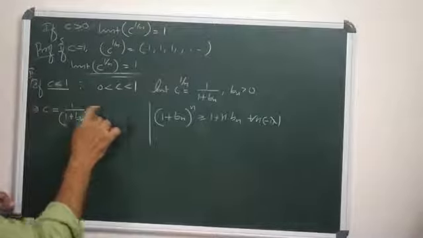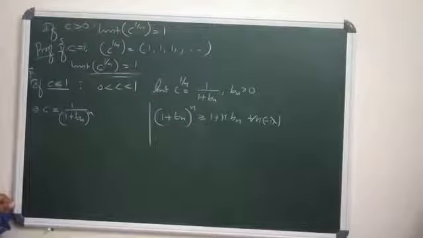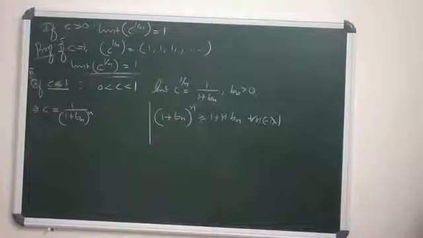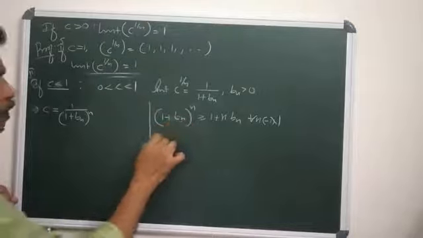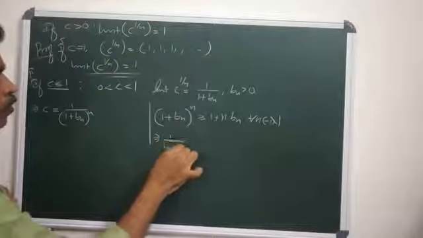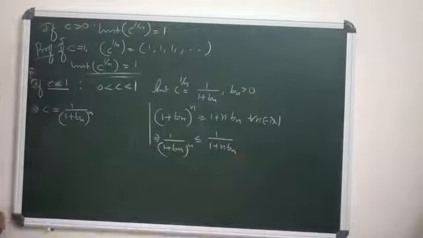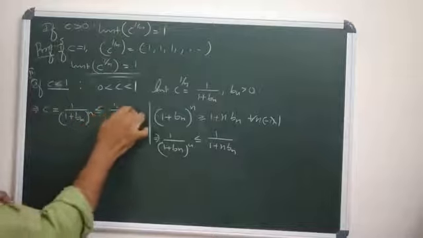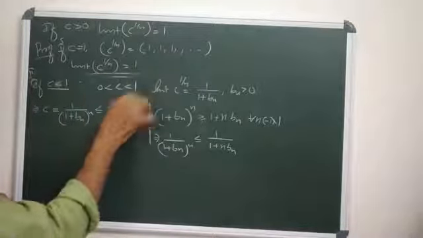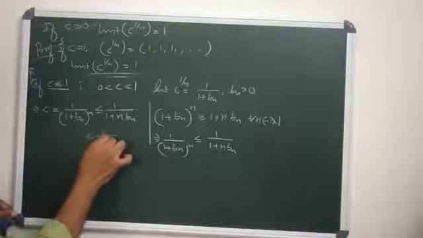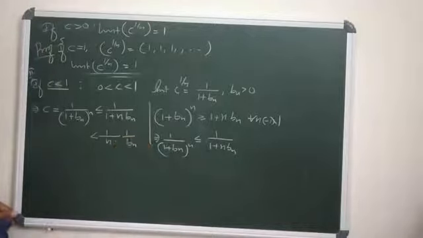So this means (1 plus bn) all power n is greater than or equal to 1 plus n into bn. Therefore, 1 by (1 plus bn) all power n is less than or equal to 1 by 1 plus n into bn, which is strictly less than 1 by n into bn.